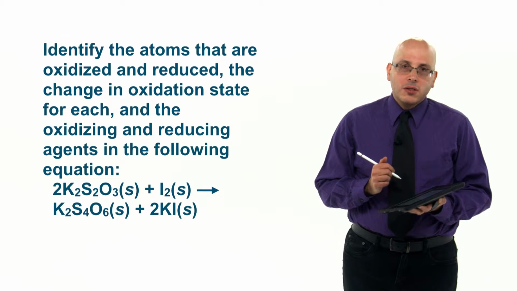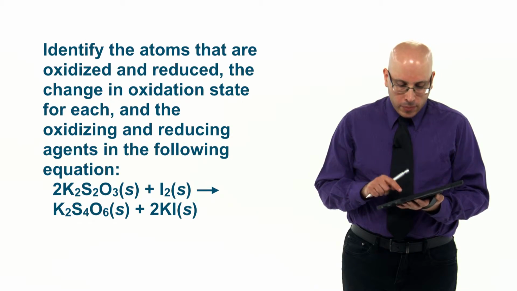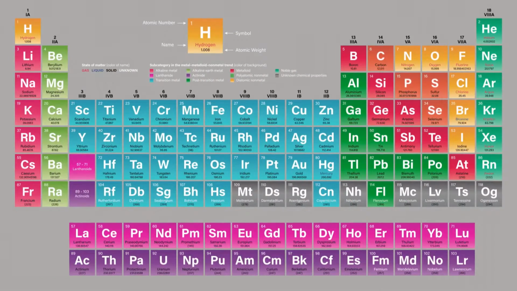Okay, and so to help us out, let's use the periodic table first. If you look at the periodic table, we can figure out typical oxidation numbers based on the positions of the different elements in the periodic table. As you've seen before, group 1 tends to be +1, group 2 is +2, skip the middle part, and then group 3 is +3, 4, 5, 6, 7, 8 as far as valence electrons.